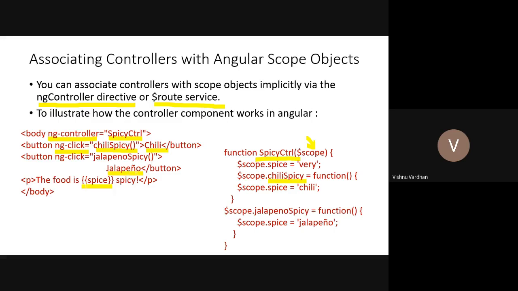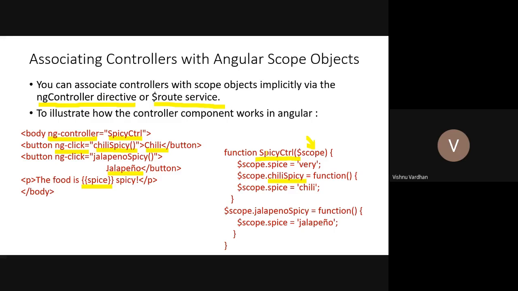This is going to be shown in this expression: the food is either chili spicy or jalapeno spicy, shown dynamically here. So how to do this?